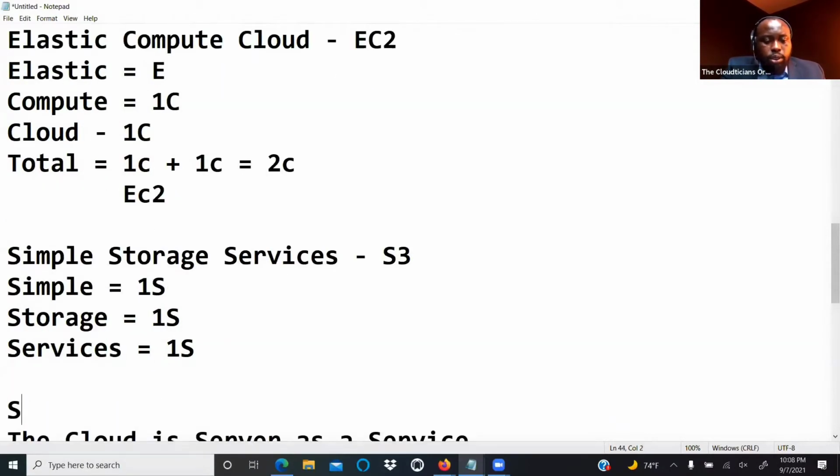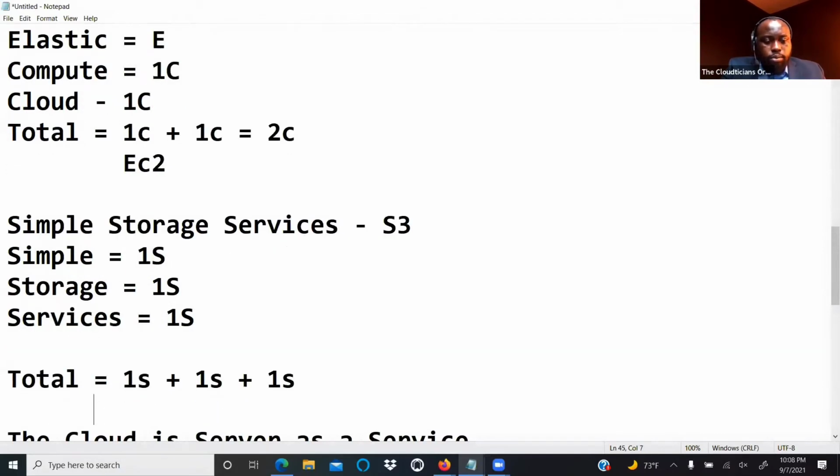What it means is the total: 1S plus 1S plus 1S go to S3.